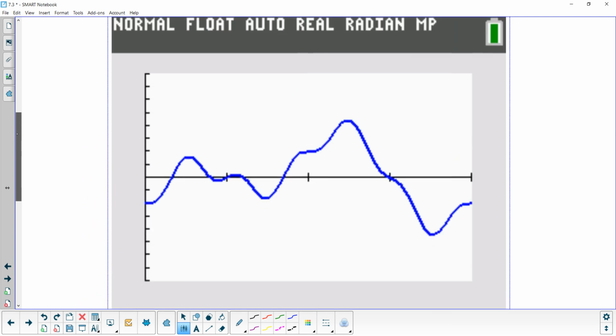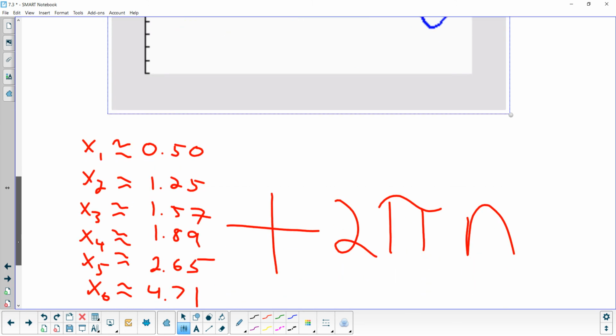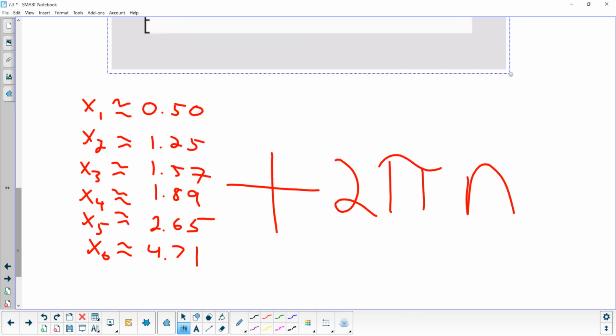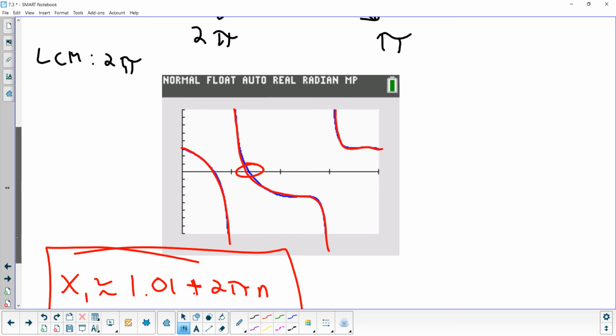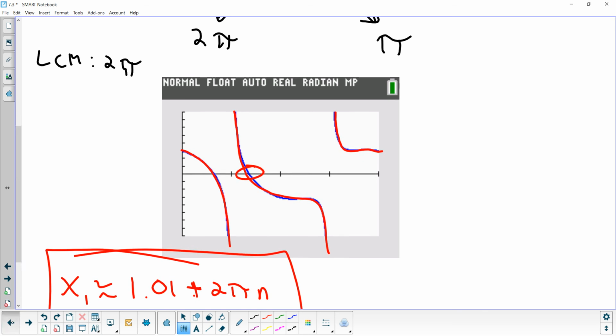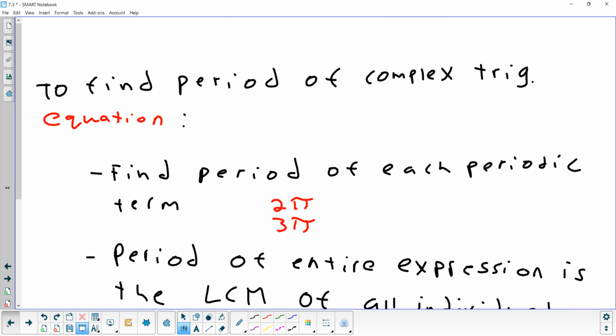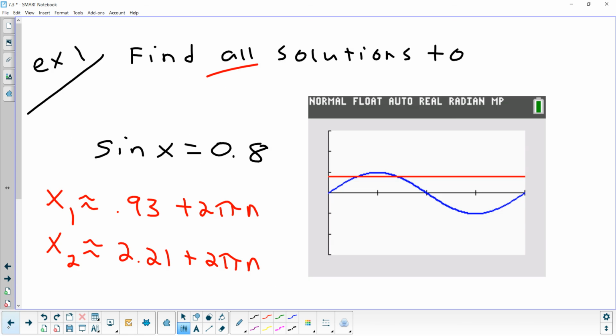All right, so questions on that one? All right, so now let's go back to one of these for a second, and I want to look at a simple one. Let's say that I asked you not where it's equal to something, but where it's above something. Let's say I wanted to know where it's above 0.